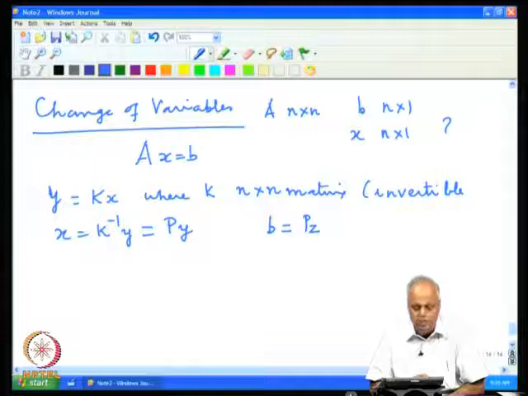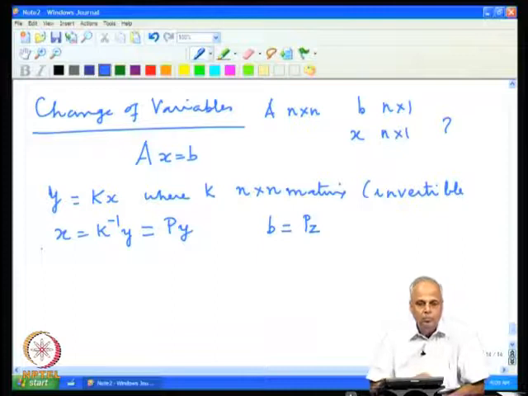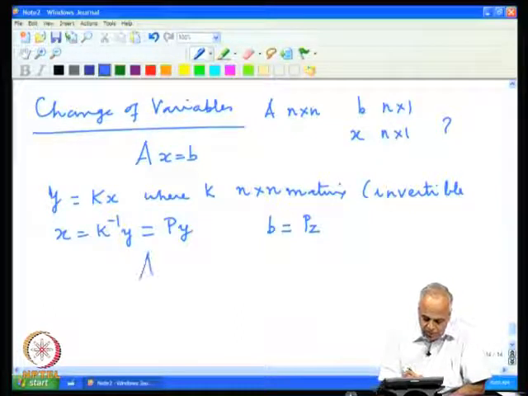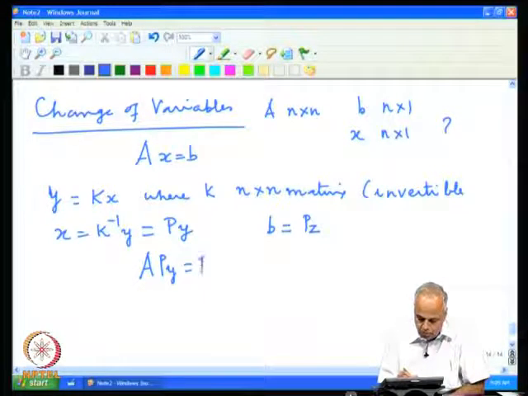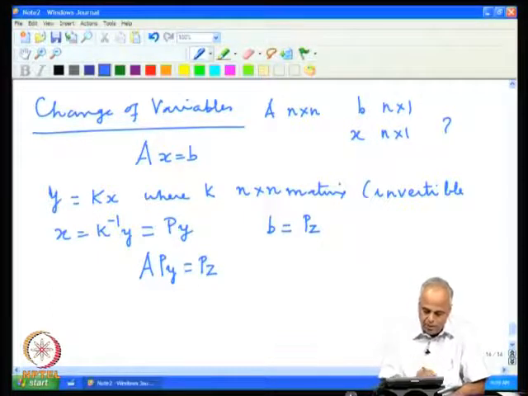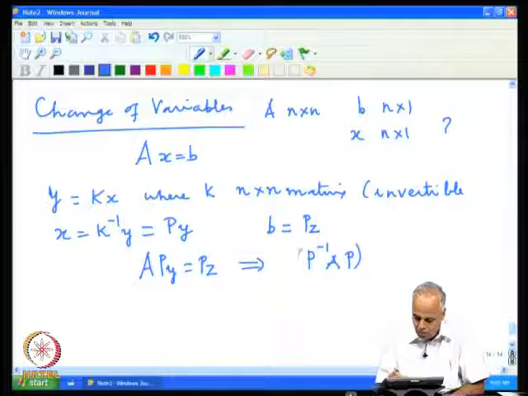So, we have introduced two changes of variables. y will be the new unknown and z will be the new right hand side. So, what happens to the system? The system becomes A times x, where x is Py, equal to Pz, because b is equal to Pz. Now, P is invertible because P is k inverse and k is invertible. So, this implies P inverse A P y is equal to z.